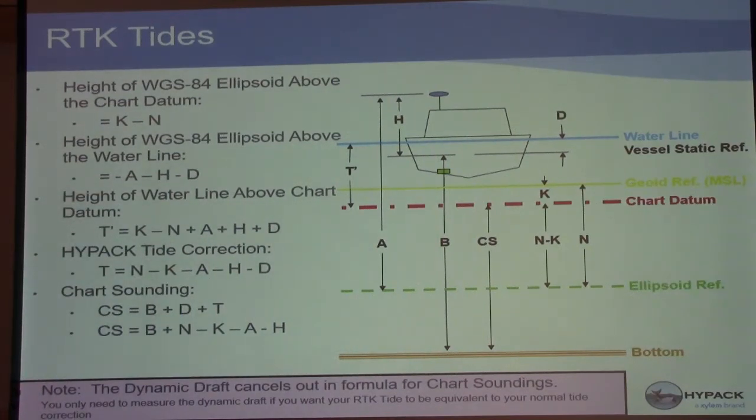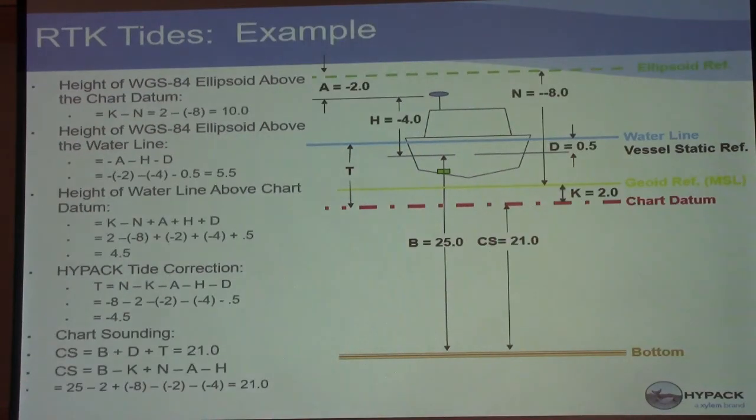For the HYPACK height correction, the only difference is that N minus K is inverted, because we're inverting for a tide correction, not the tide value. Internally, everything is done with this method to get a positive tide value, but we have to invert it as a tide correction.